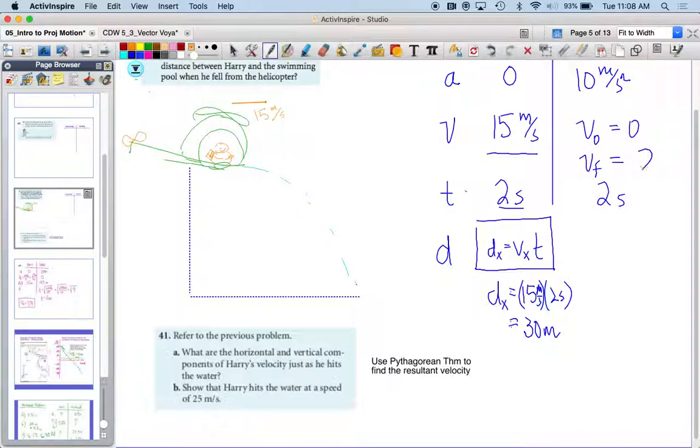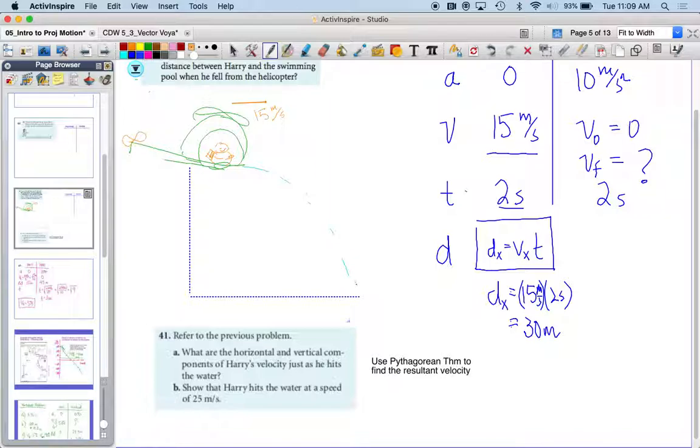We're being asked to find his final velocity in the vertical direction and in the horizontal direction. Well, we know in the horizontal direction that the velocity never changes. There's no acceleration, so his velocity stays constant at 15 meters per second.